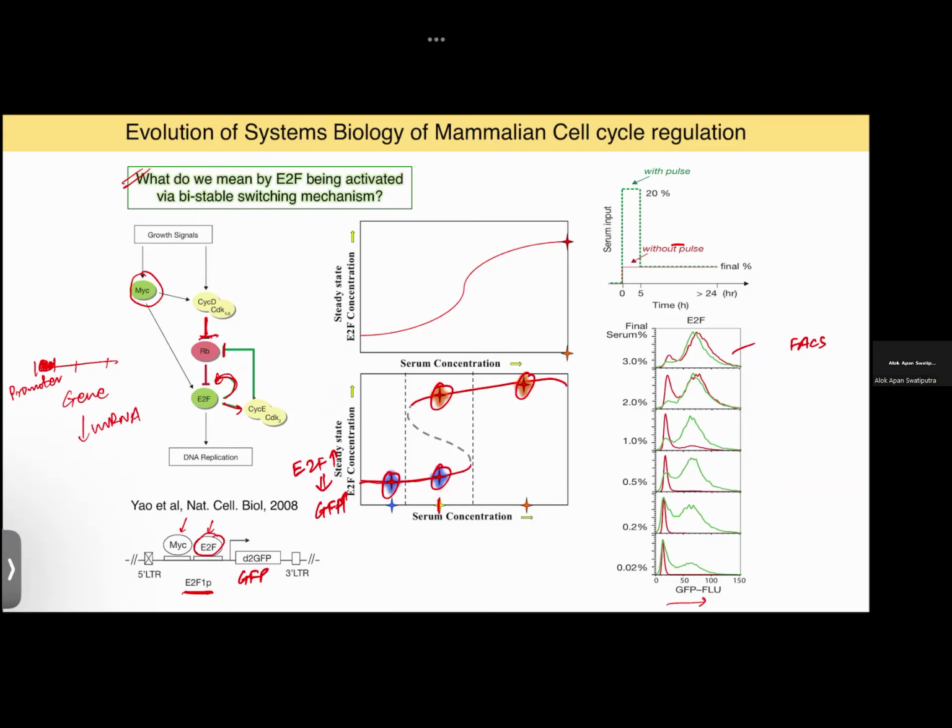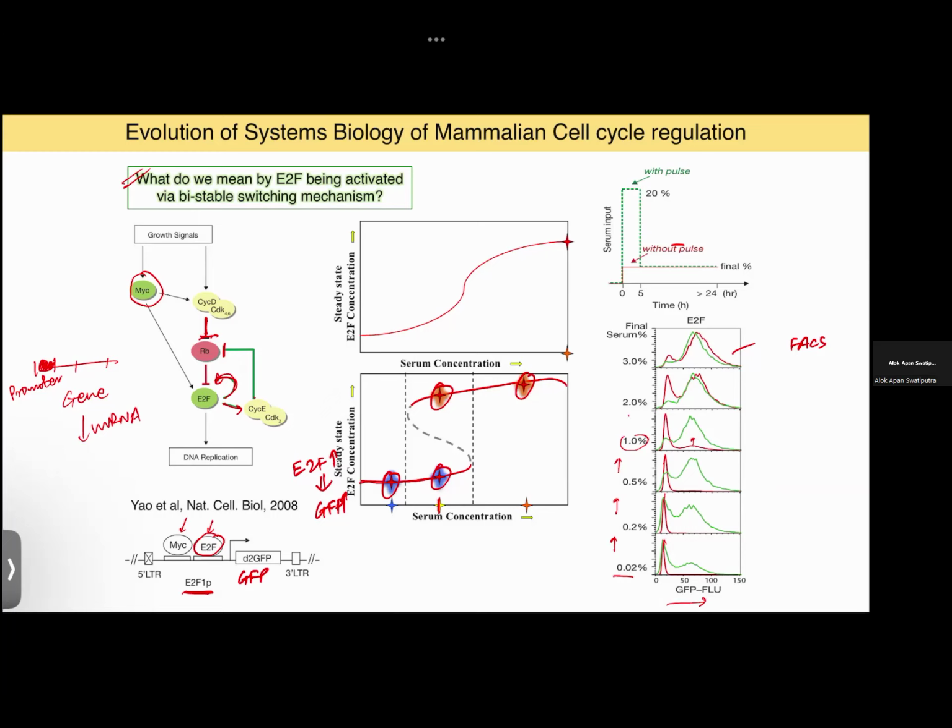See the red curve. 0.02% serum is a low amount. As they increase from 0.02 to 0.2 to 0.5, following the red curve in the histogram, it is still low, low, low. When they move to 1%, a small peak appears in the high region.